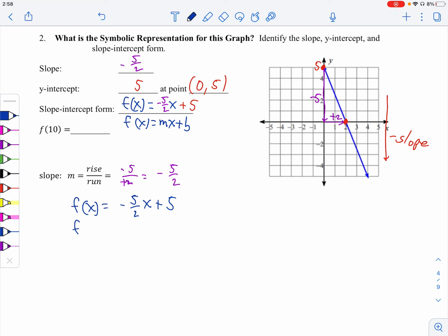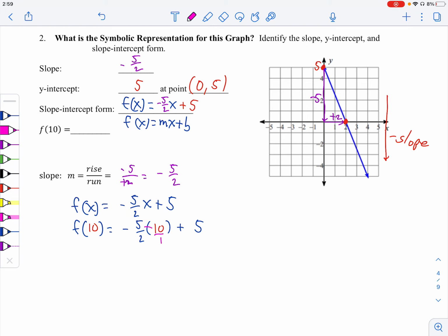We're going to find what is f of 10. So we're just going to rewrite the equation, put parentheses for x. Every time we see that x, we put 10. All right, and we're going to multiply negative 5 over 2 times 10. Easy way, just put it over 1 and multiply top numbers.